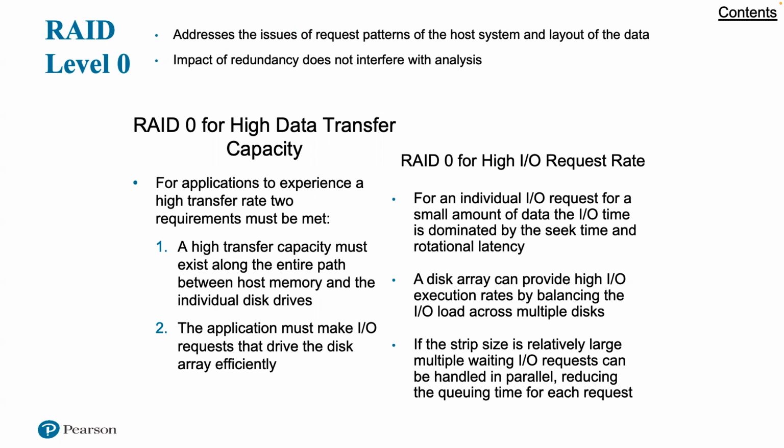The second requirement is that the application must make I/O requests that drive the disk array efficiently. This requirement is met if the typical request is for large amounts of logically contiguous data, compared to the size of a strip. In this case, a single I/O request involves a parallel transfer of data from multiple disks, increasing the effective transfer rate compared to a single disk transfer.